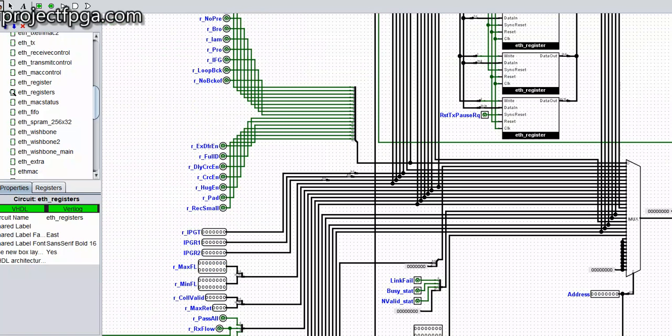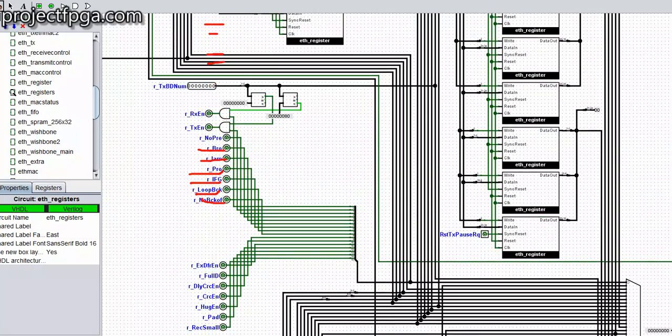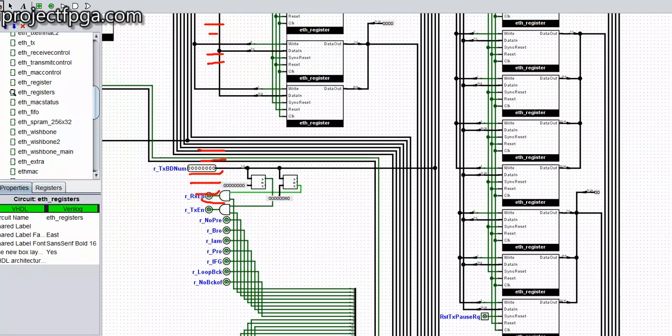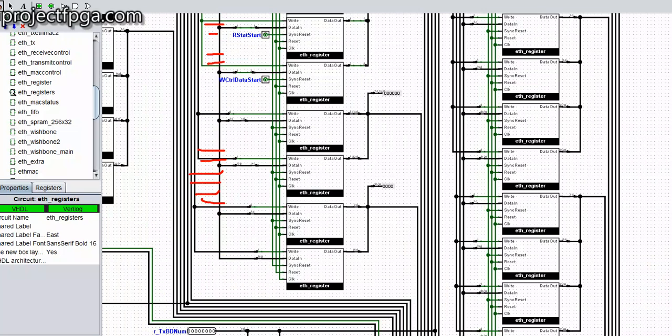Also, we can see the delay CRC enable, the CRC enable itself, the huge enable, the padding, the full duplex, the excessive defer enabled, the interframe gap, the promiscuous mode, the broadcast, the no preamble. So these are how all these data are coming from, how they are being stored and set from the registers.